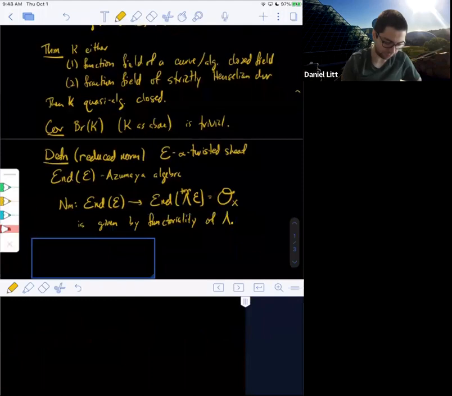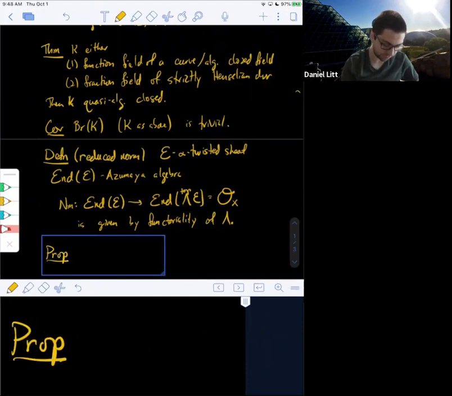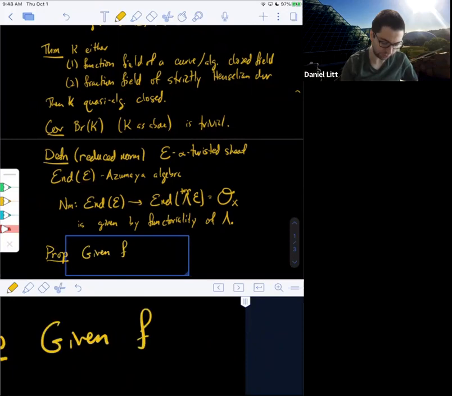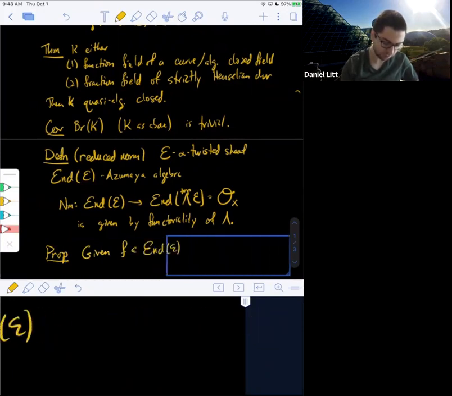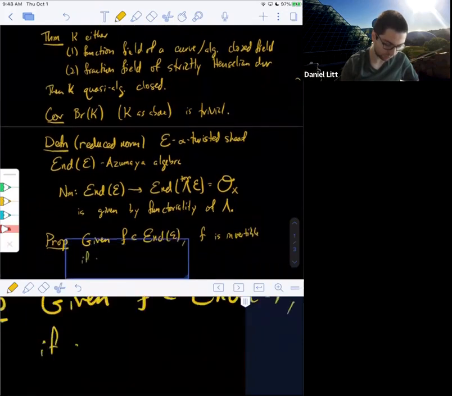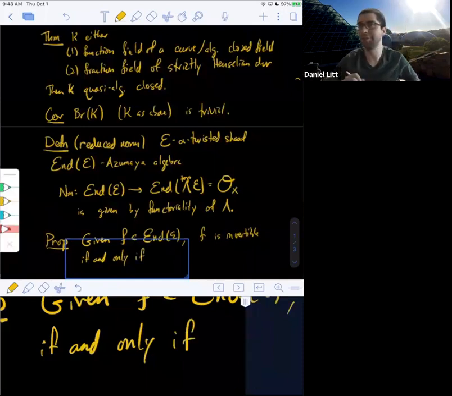Then the simple proposition is that, given an endomorphism of our twisted sheaf, F in End(E), F is invertible if and only if... So can anyone tell me, how do you check if a matrix is invertible?